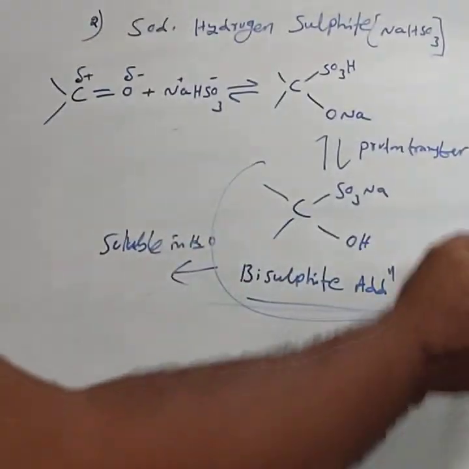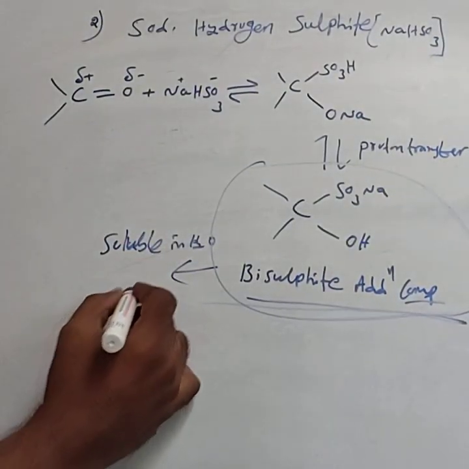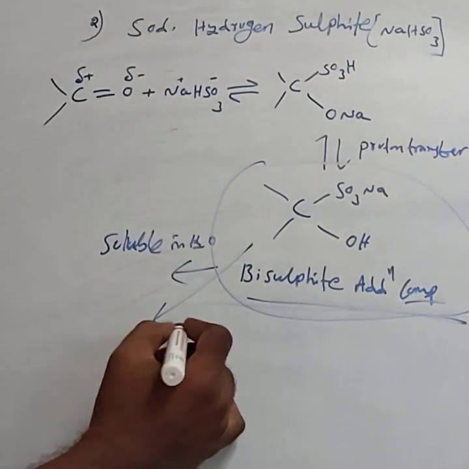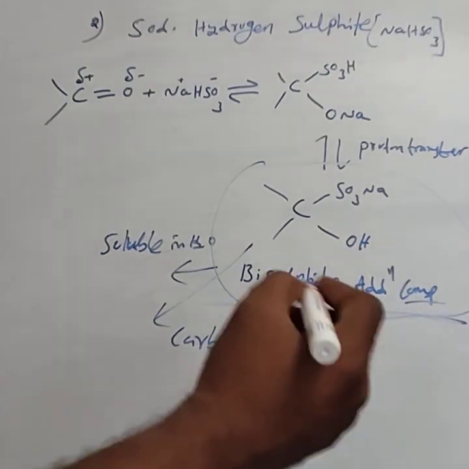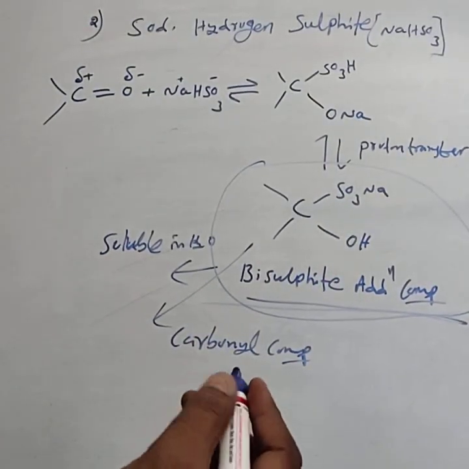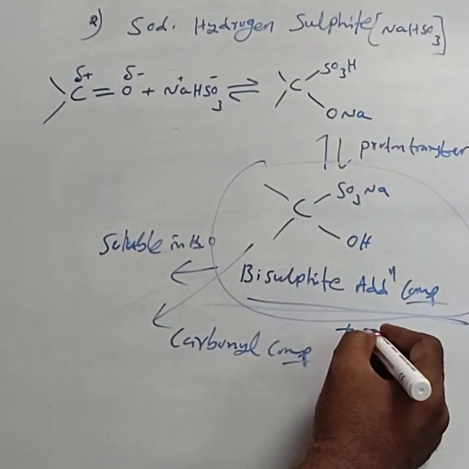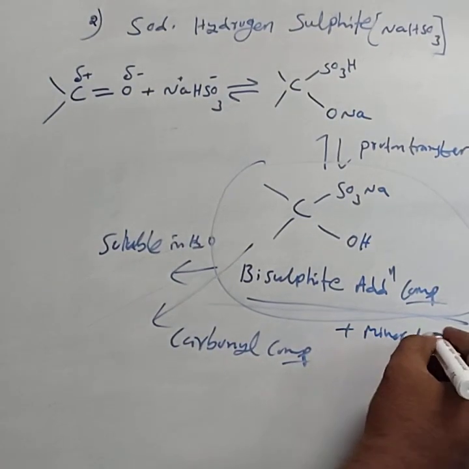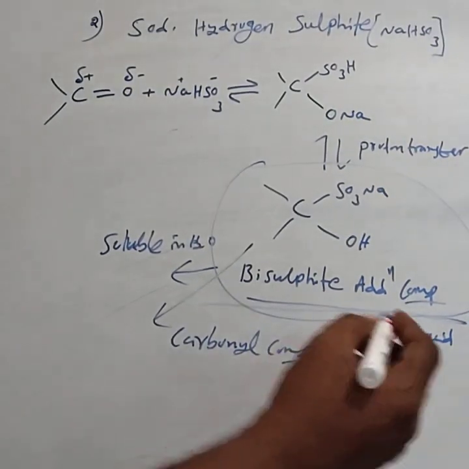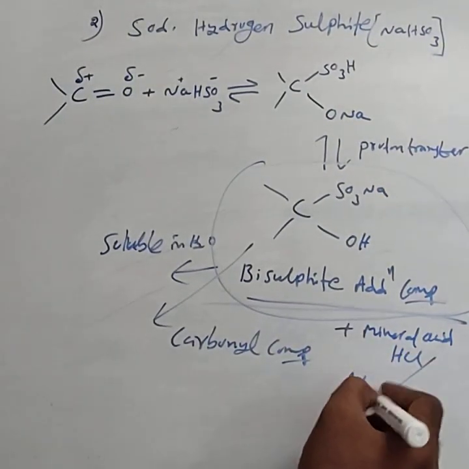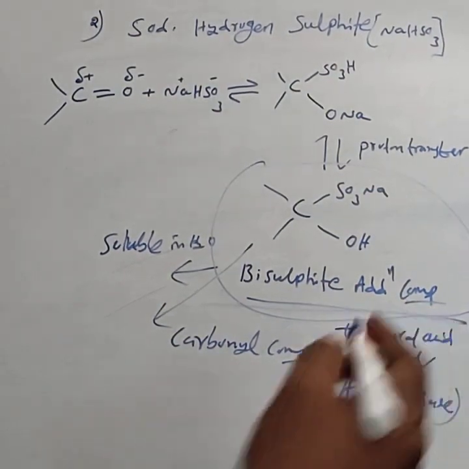This bisulfite compound can be converted back to the original carbonyl compound, by treating it with a mineral acid like HCl, or with an alkali, meaning a base like NaOH.